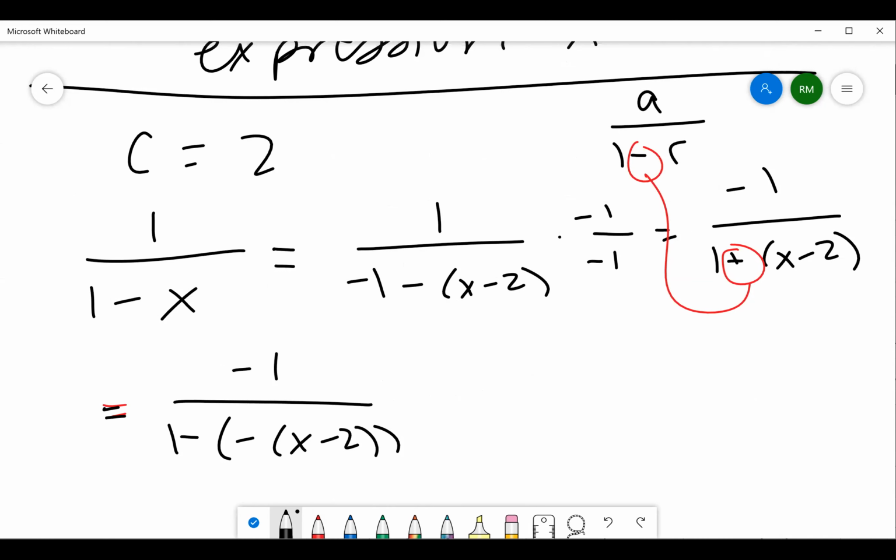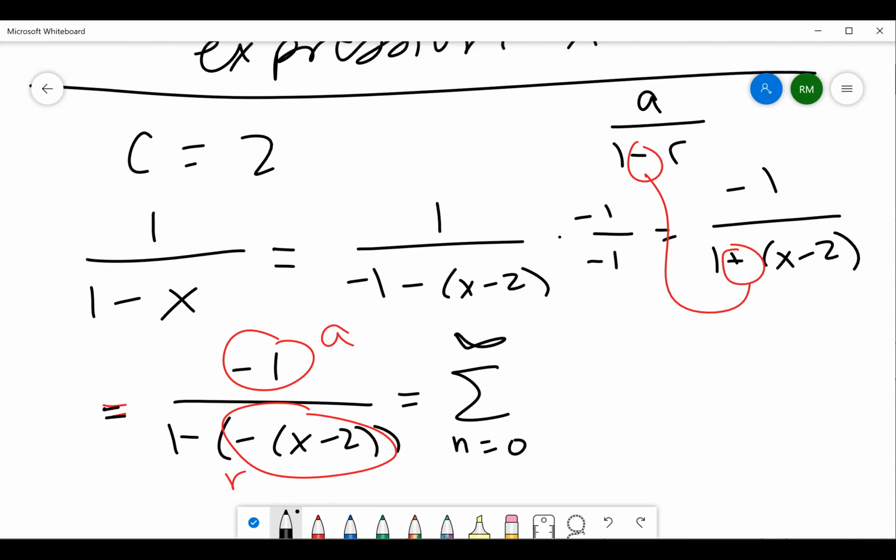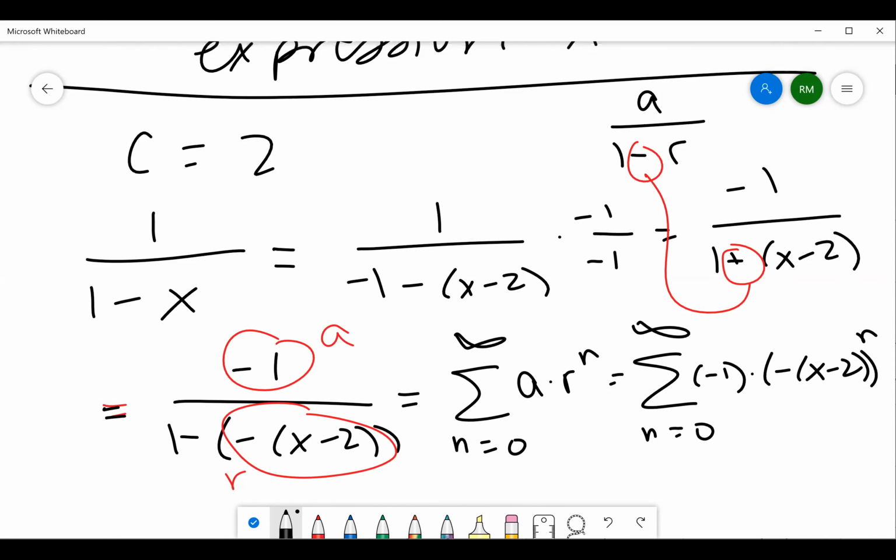All right, so this is my a and this is my r. So this should equal the sum from n equals 0 to infinity of a times r to the n, which is the sum from 0 to infinity of -1 times negative x minus 2 to the n.